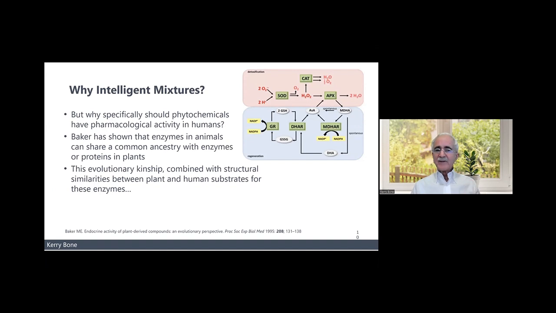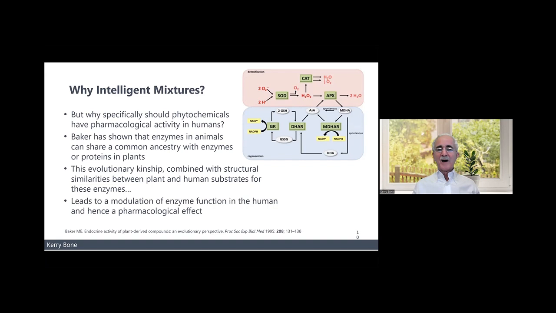And this evolutionary kinship, combined with structural similarities between the plant substrate and the human substrate for these enzymes, means that the product of a plant enzyme might interact with a human enzyme, even though that human enzyme now has quite a different function in the human being than it had in the plant.